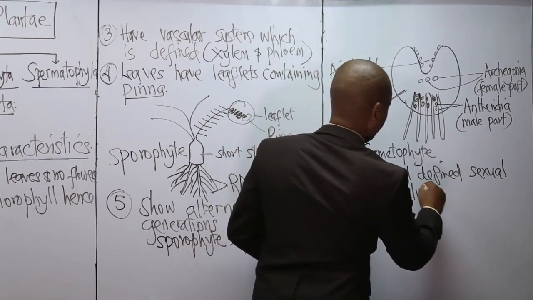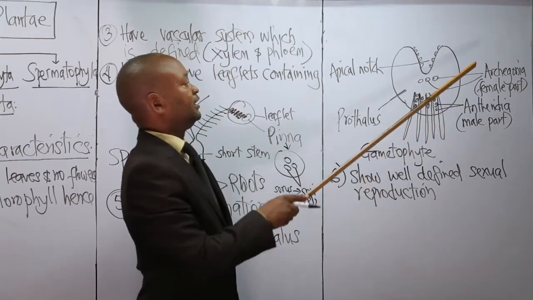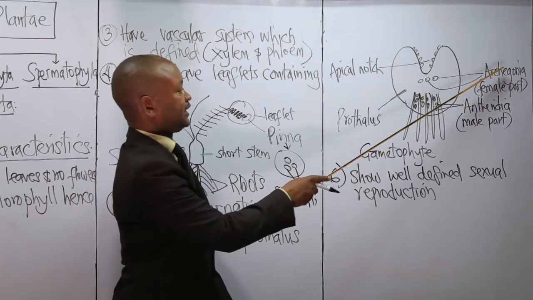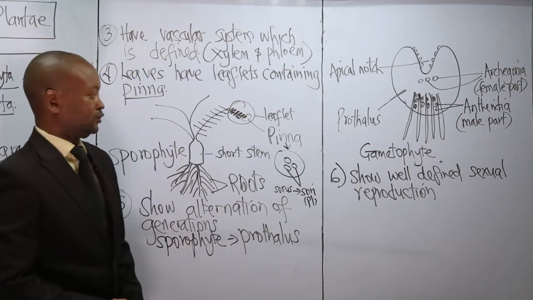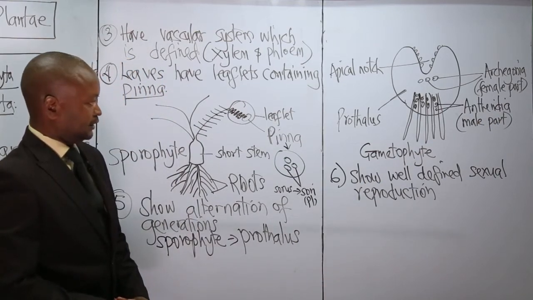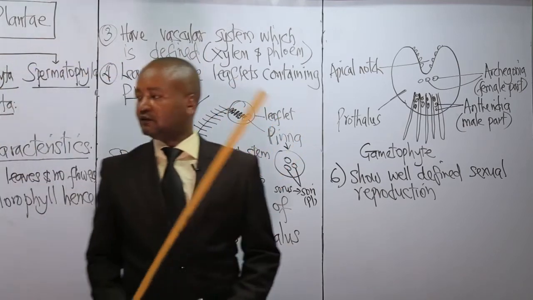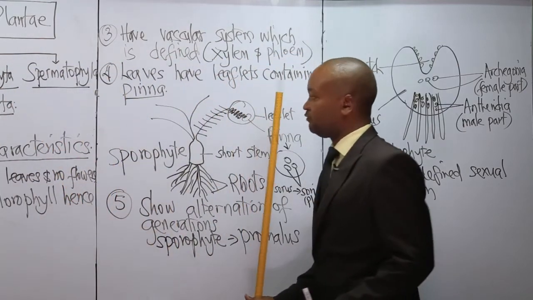It is well defined because there are even organs that produce the gametes, that is the archegonia and the antheridia. So that is the Pteridophyta. We are through with the Pteridophyta.